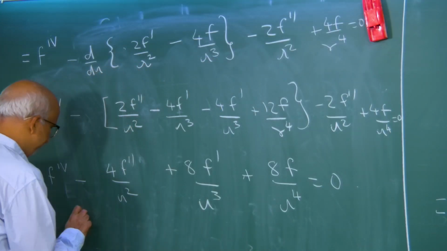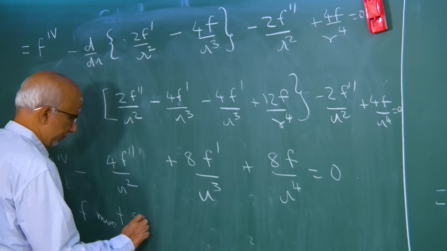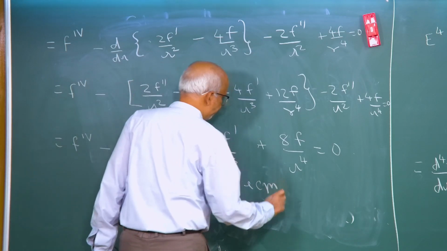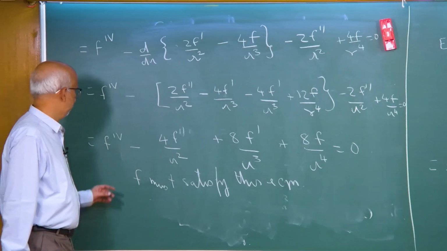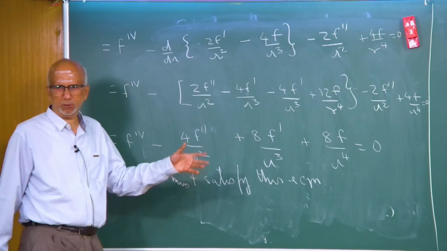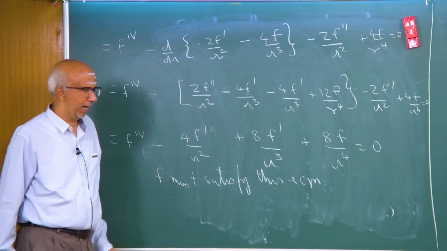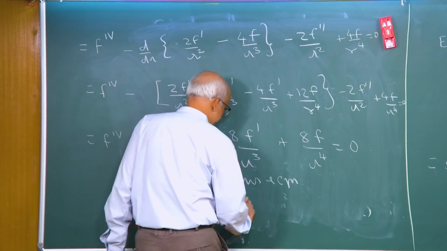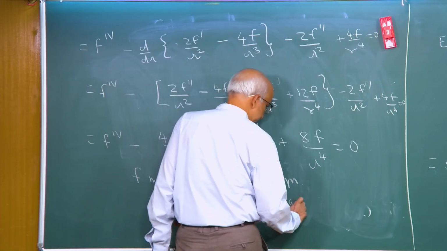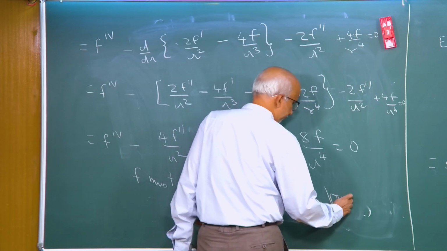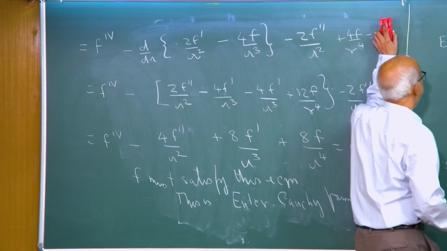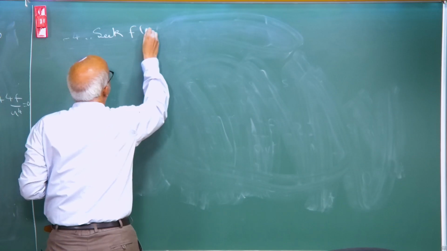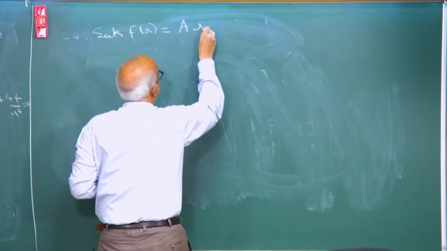So, f must satisfy this equation, and you look at this equation and it says, and this is what is called some Euler form or Euler Cauchy form, I think different people call it different names, Cauchy form, and the solutions for this are of the form r to the power n, f of r as some constant times r to the power n.